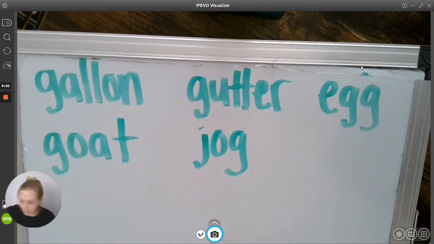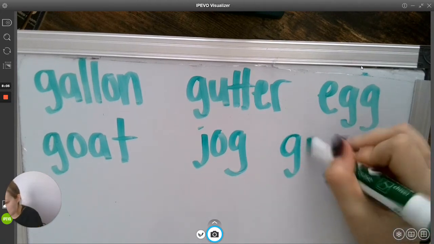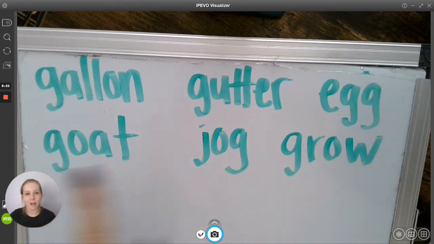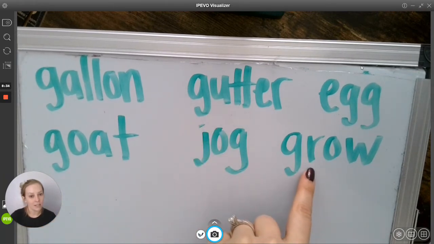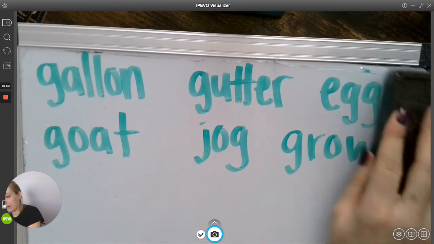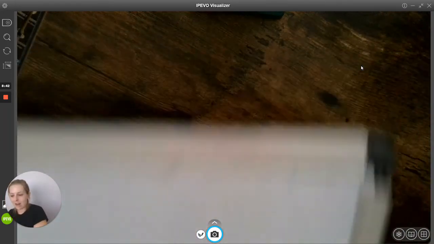Very good. And grow. Good job. What do you notice about the G sound here? What sound is it making? Hard or soft? It's making its hard G sound. Very good. And what is following it? Remember, that's our rule. G says G when followed by A, O, or U, after or before a consonant, or at the ends of words. Good job. All right. We are done with that.